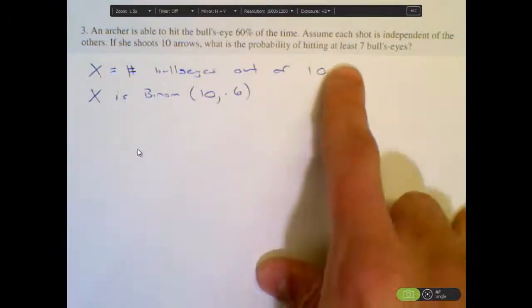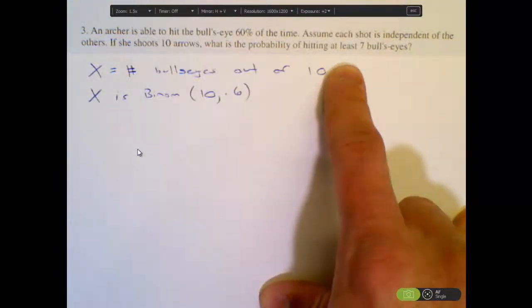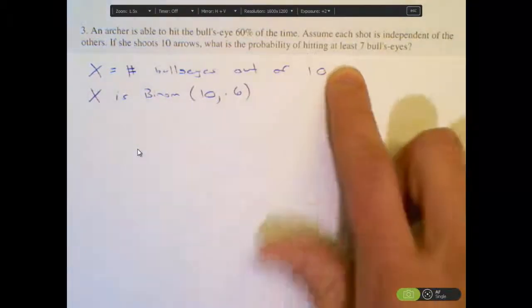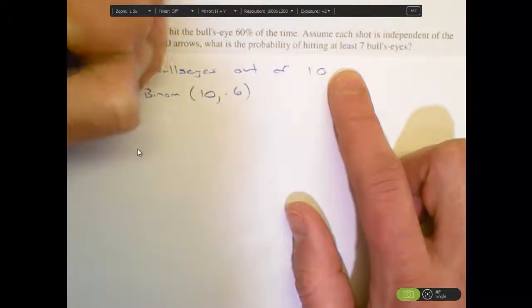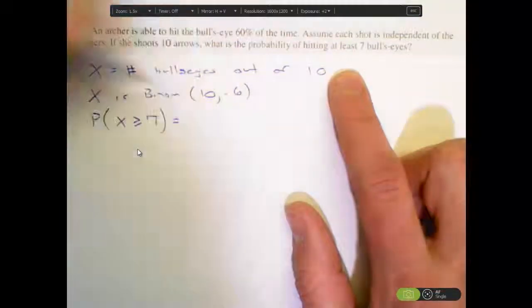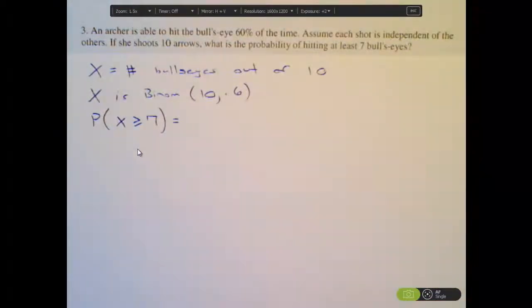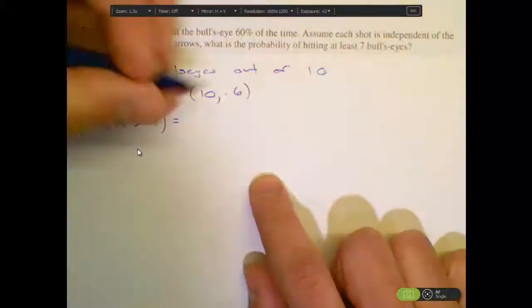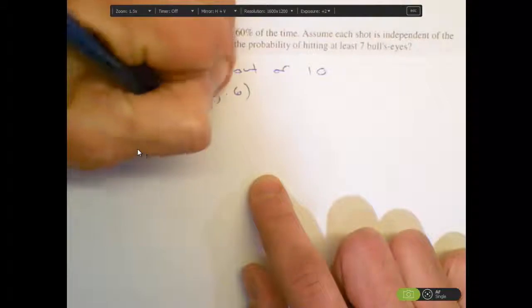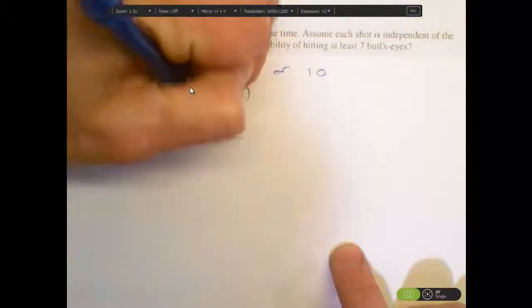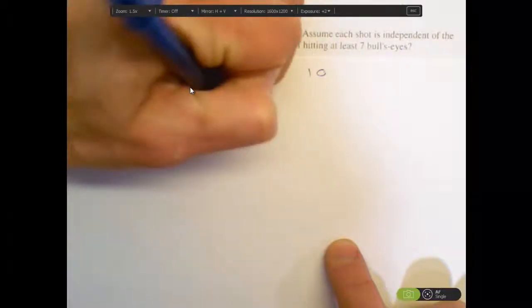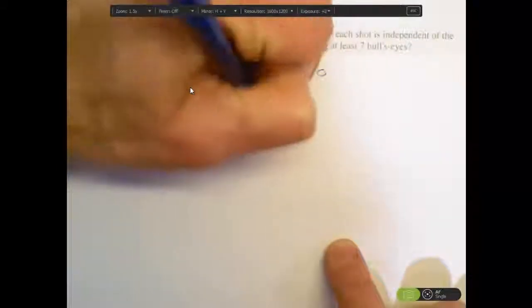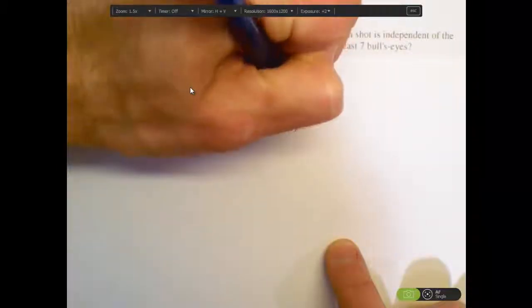Now, here's the difference. At least 7 bullseyes, at least. So when I'm writing my inequality now, it's the probability X is greater than or equal to 7. Okay, so 3 formulas is what I need to write. So I'm going to start at 7. So I have 10 choose 7. P to the k times 1 minus p to the n minus k.